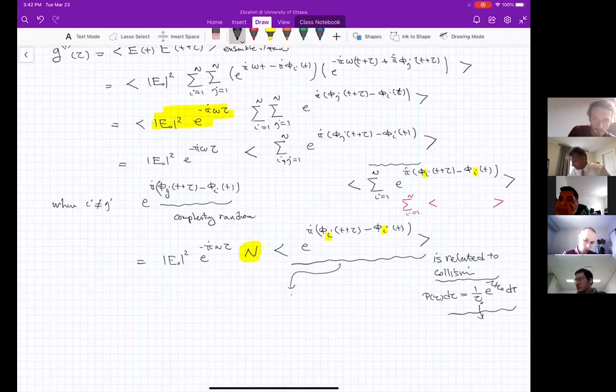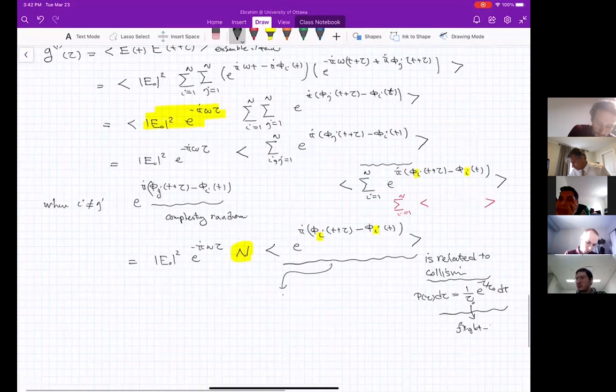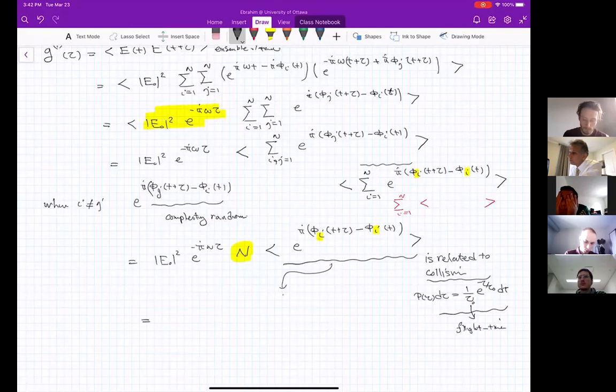And tau 0 is the flight time. Good. So if you do a little bit of mathematics, then let me see if I have not missed any of those expressions. Flight time.